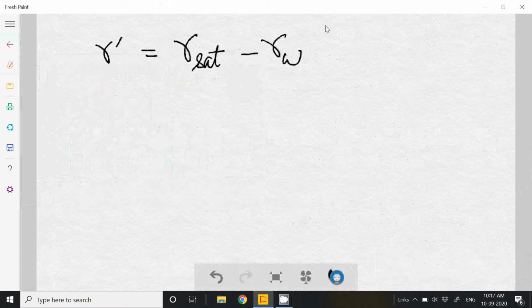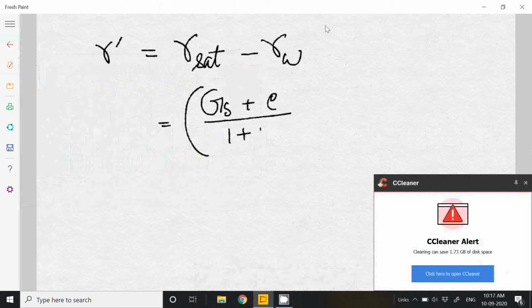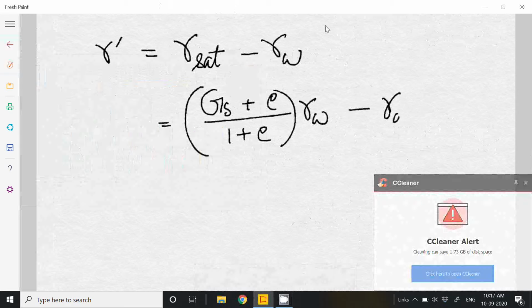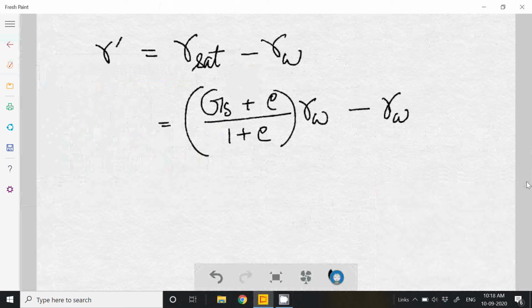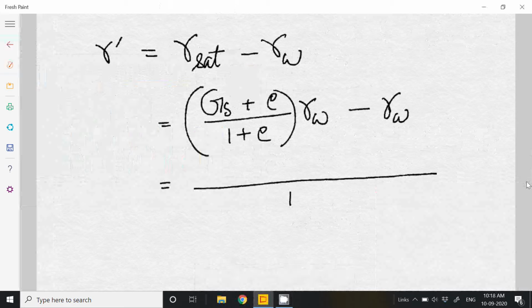So what is the formula for saturated unit weight? Let us write it down. Then let us complete this line. Now if I try to simplify it, if I take 1 plus e common, then what do we get?